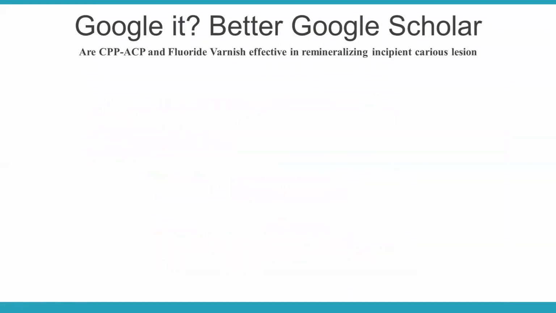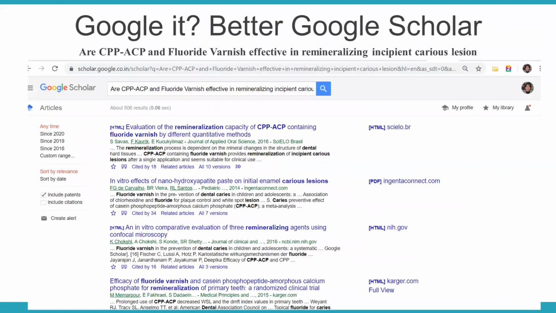So it is always better to search in Google Scholar for scientific literature. When I click on Google Scholar, I now get just 506 results. So it is much less, and it has resulted in a more scientific literature outcome.